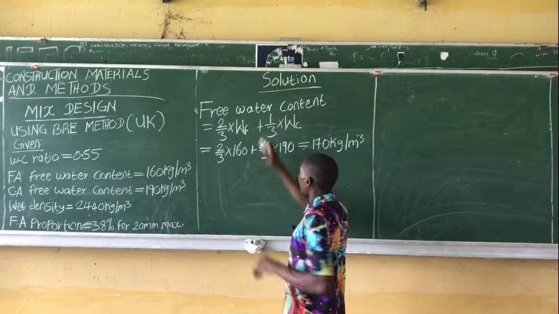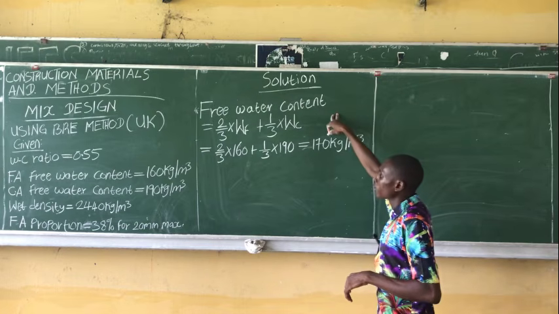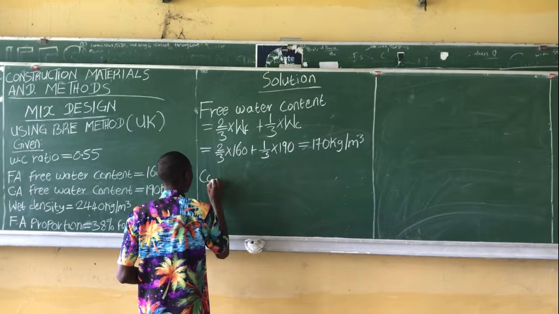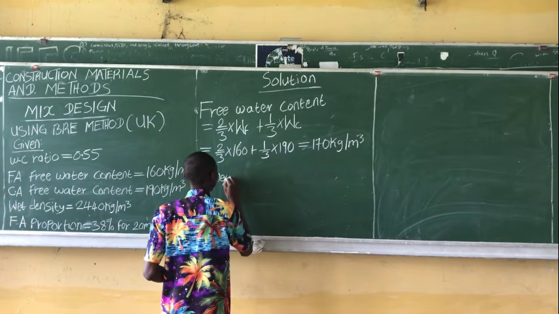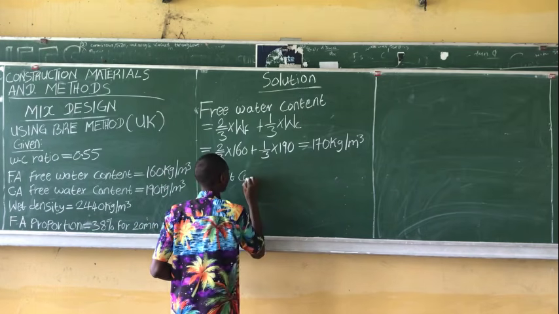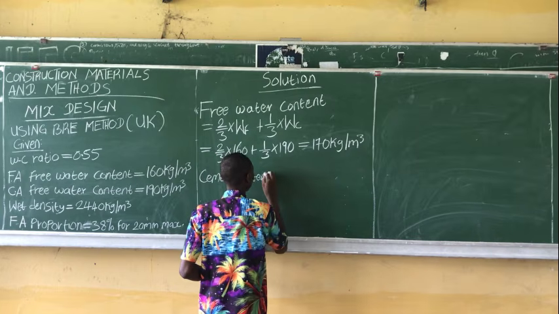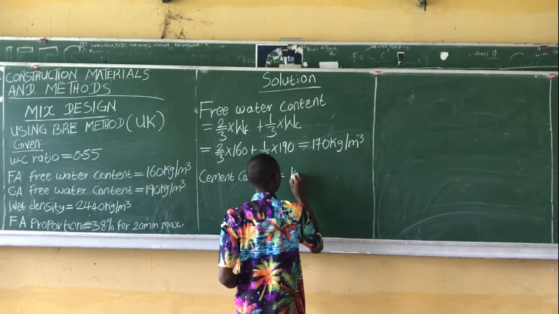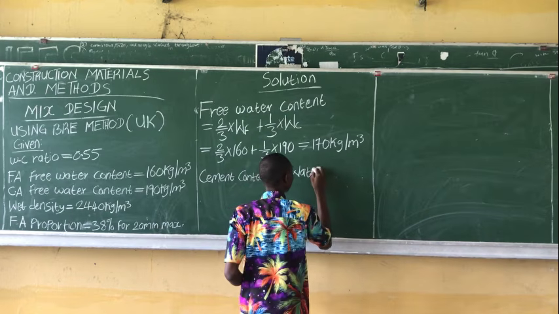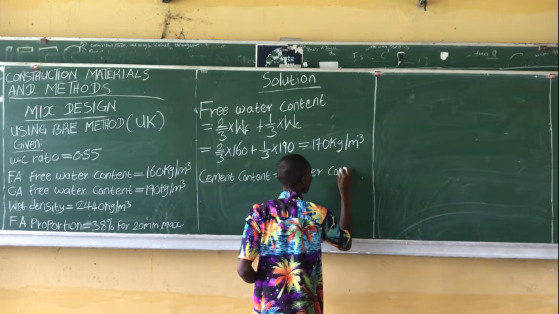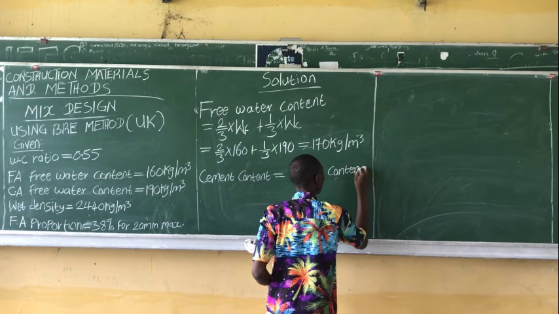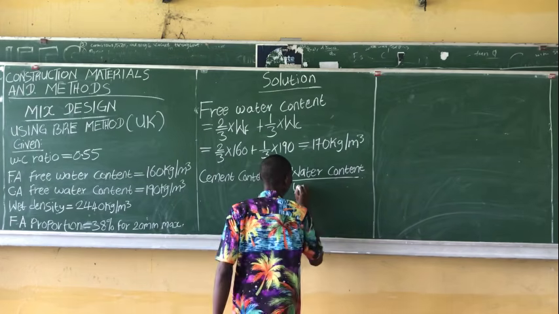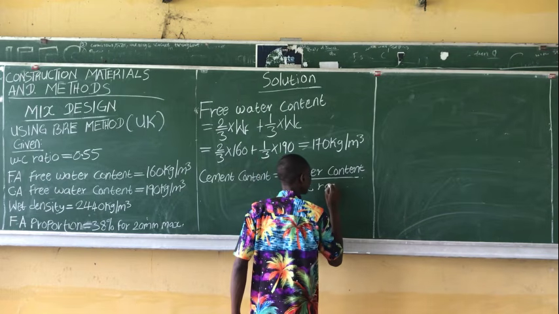Okay, so after determining the value for our free water content, the next thing we determine is our cement content. Our cement content is equal to our free water content, which is also our water content, divided by our water cement ratio, WC ratio.